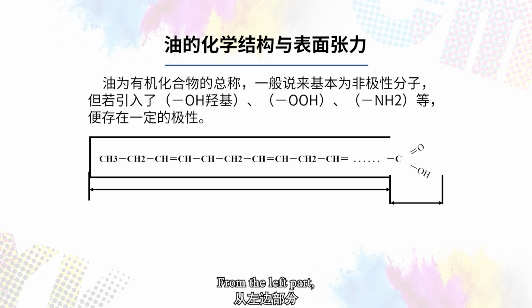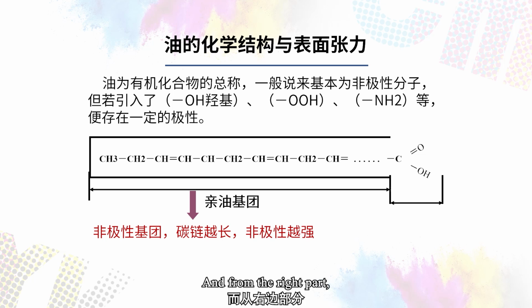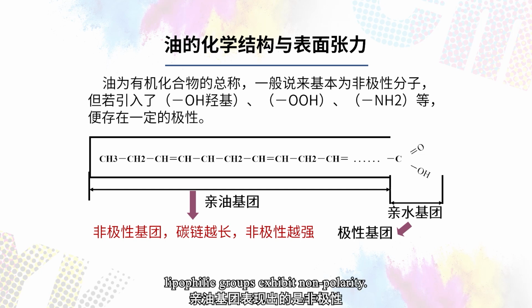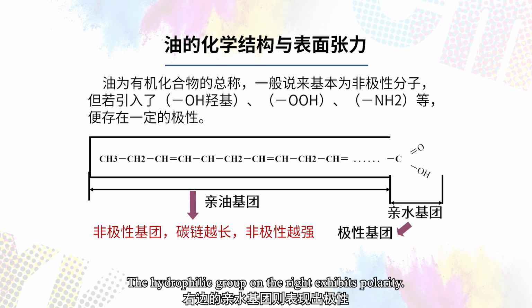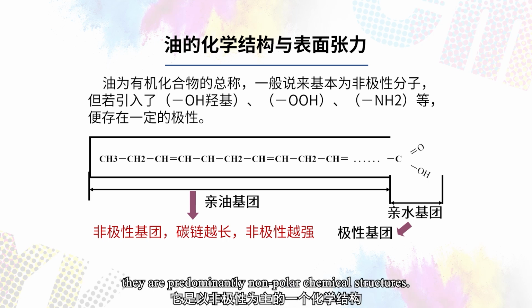From the left part, we see that it is a lipophilic group, and from the right part, we can see that it is a hydrophilic group. Generally speaking, lipophilic groups exhibit non-polarity. In such a group, the longer the carbon chain, the stronger the non-polarity. The hydrophilic group on the right exhibits polarity. Therefore, most oils are predominantly non-polar chemical structures.